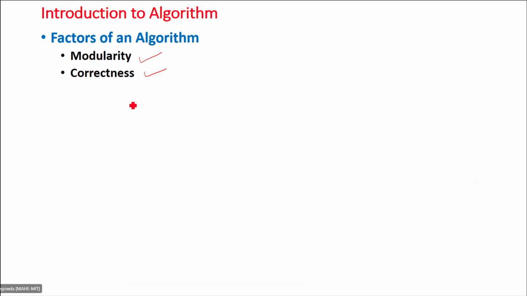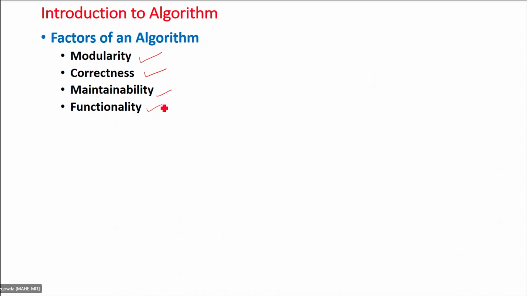The analysis of an algorithm has been done correctly. The third factor is maintainability. Here, maintainability means that the algorithm should be designed in a simple, structured way so that when we define the algorithm, no major changes will be needed in the algorithm.